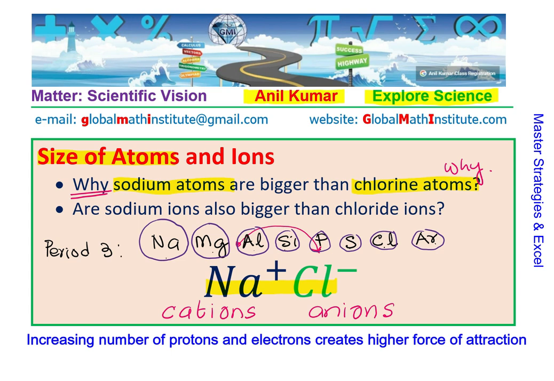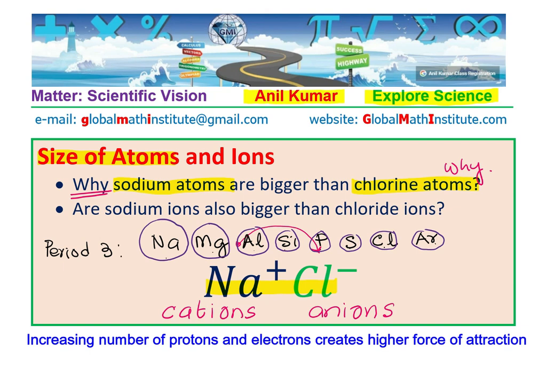The reason is very simple. As we move along in this period, the atomic number is increasing by 1. That means the number of protons and the number of electrons are each increasing by 1. So there is definitely a higher force of attraction between the nucleus and the outer orbit.